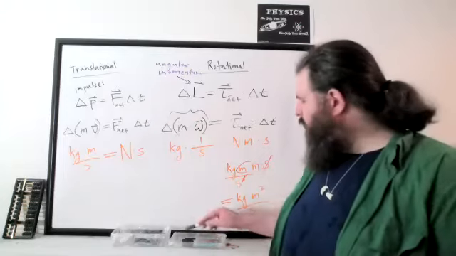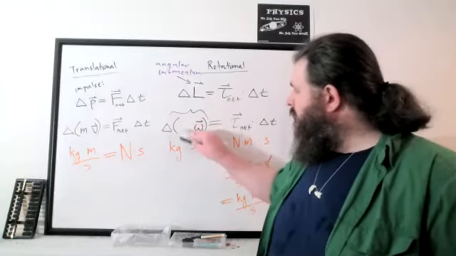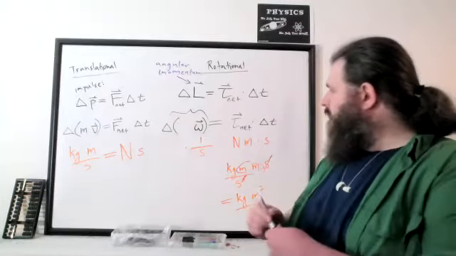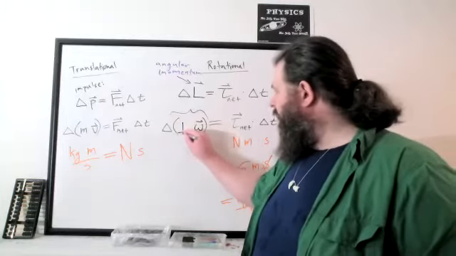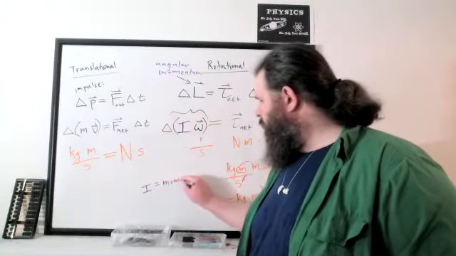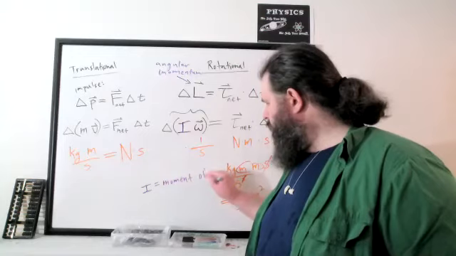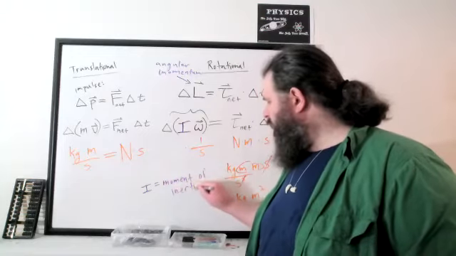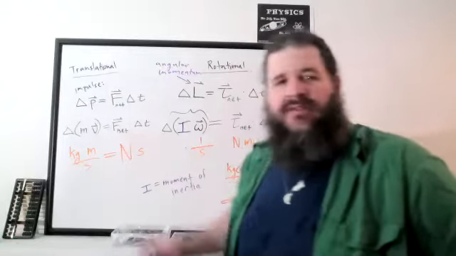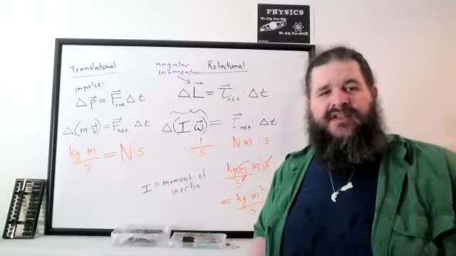Yeah, we're going to introduce this new quantity, the moment of inertia. Moment of inertia, usually written as a capital I, is basically the rotational version of mass, in the sense that mass of the object is how difficult it is to translationally accelerate it.